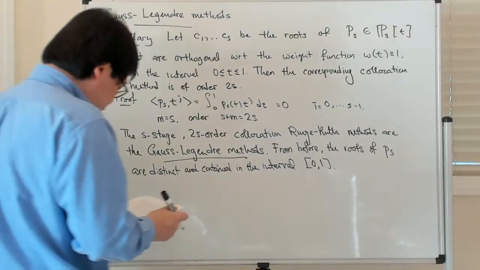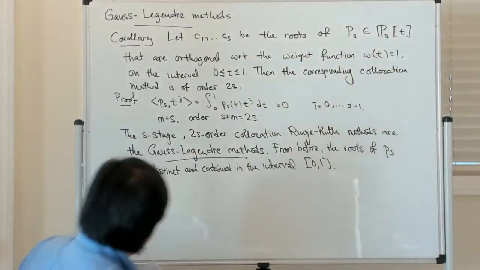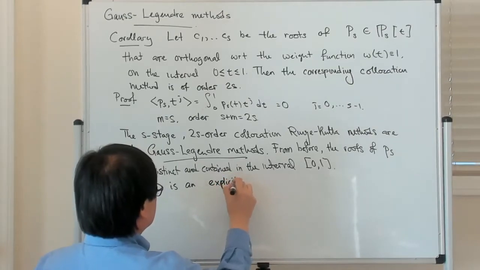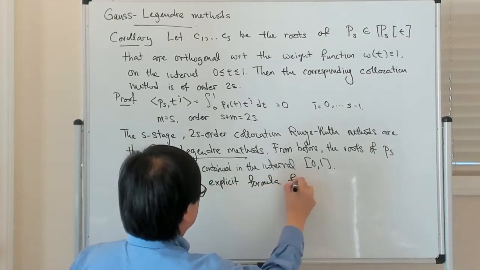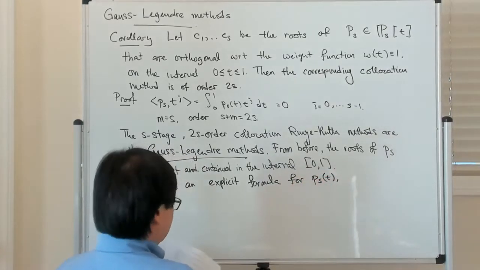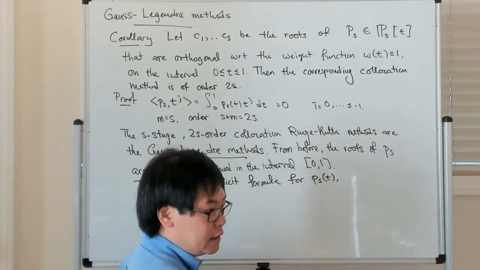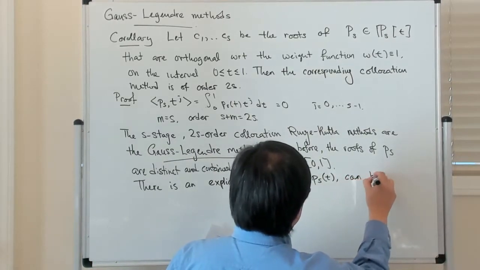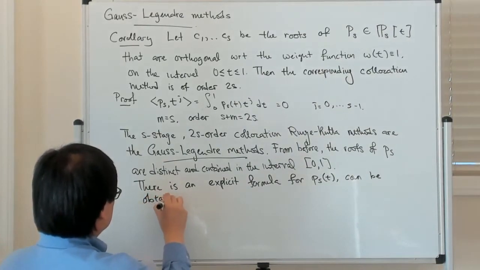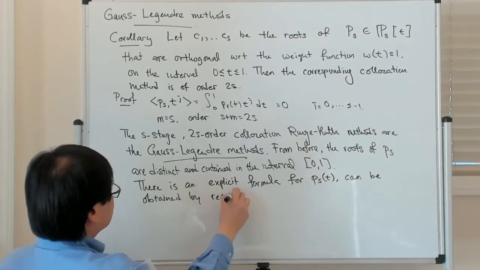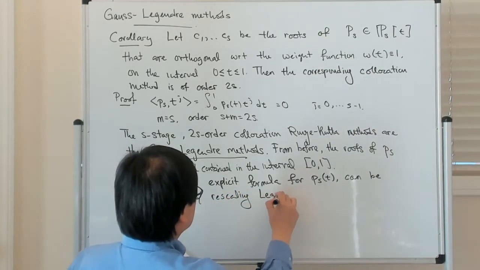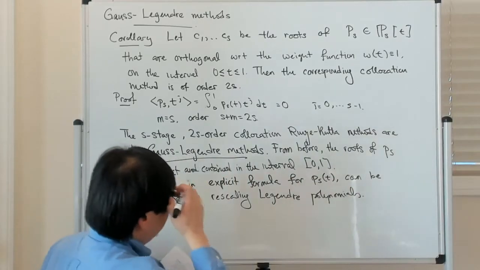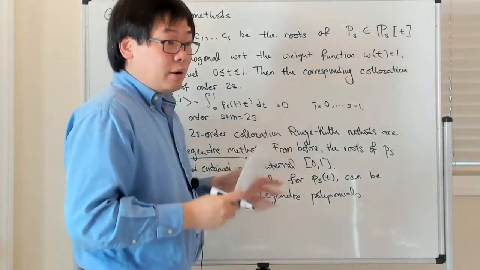So there is an explicit formula for P_s(t), and you can obtain it by basically rescaling the Legendre polynomials, which are orthogonal polynomials with, again, weight function identically 1, but over the interval from -1 to 1.